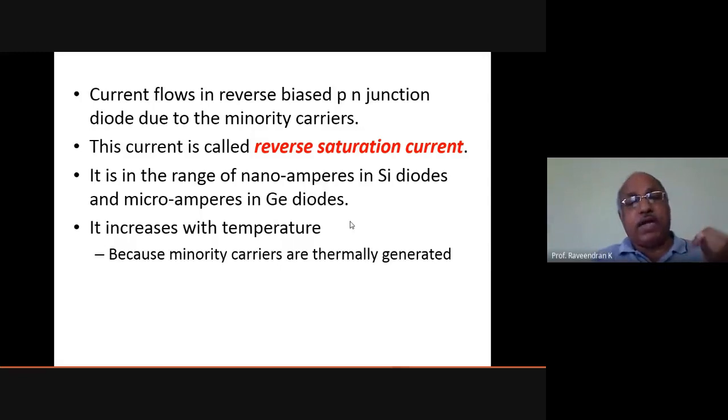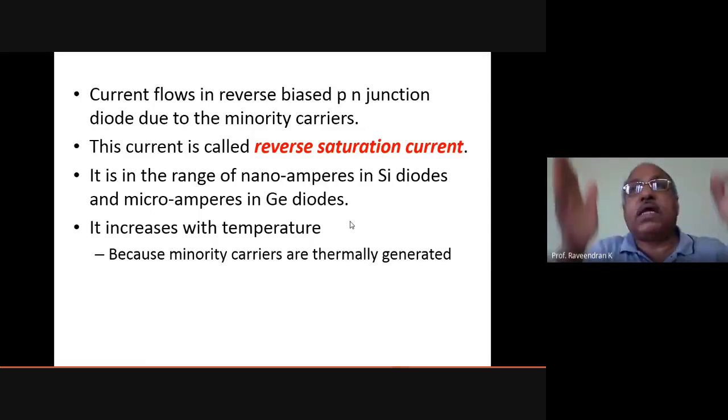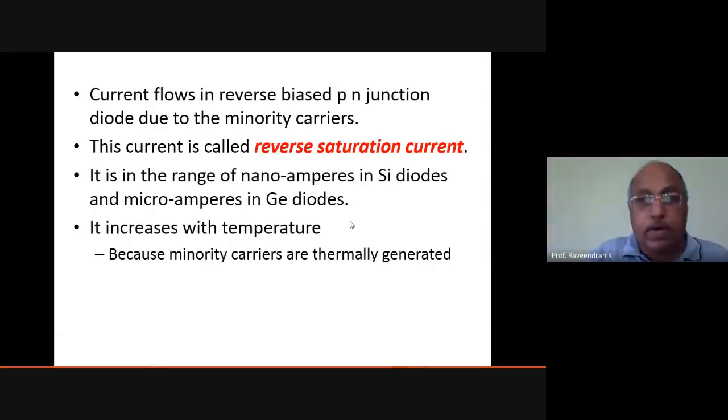So now we have learned about the PN junction diode: how the PN junction behaves when no external voltage is applied, and how it behaves when a source of potential is applied in the forward direction, the forward biased condition. What is a forward biased condition? What are the necessary conditions for forward biasing?